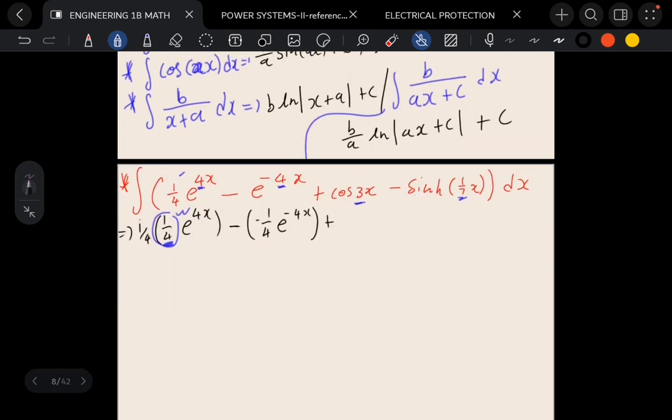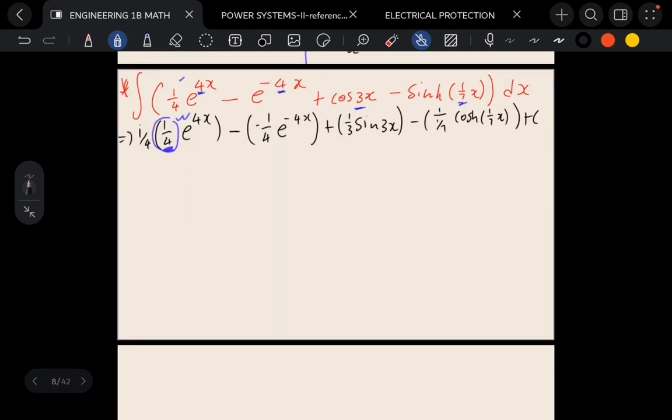Plus, what is the integral of cos 3x? 1 over 3 sine 3x. Minus, what is the integral of sine 1 over 7x? 1 over 1 over 7 cos 1 over 7x plus c. And I'm pressing the calculator to simplify.